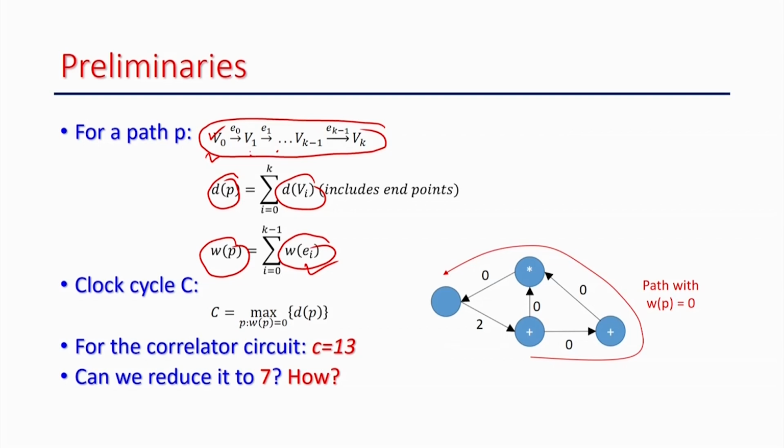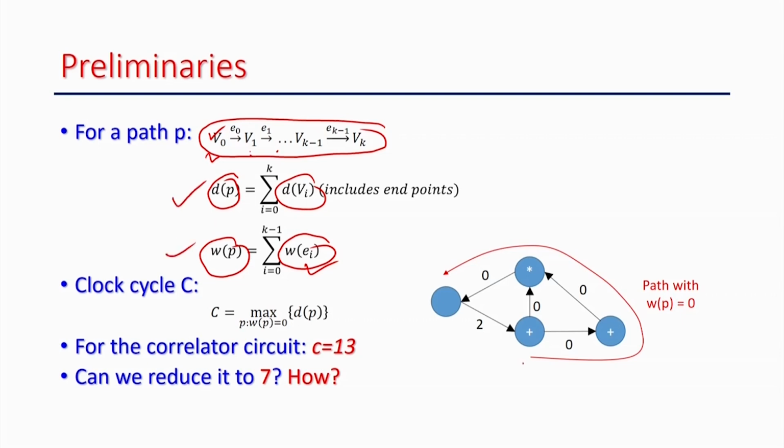So, whenever you consider a path in a graph which represents a digital circuit, we can think of the delay of that path, which is nothing but the summation of the delay of all the nodes of that path, and weight W of that path is nothing but the weight of the edges, right, which represents the number of registers in the path, right.